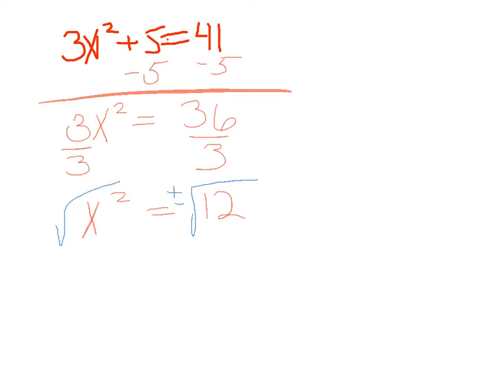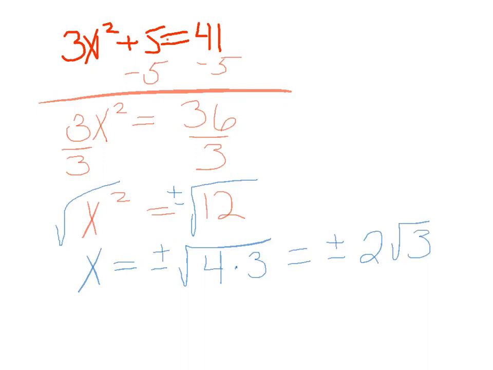And that's to put a plus minus in front of the square root. And you'll see why in a moment. So, what's the square root of x squared? It's just x. Let's go ahead and simplify the square root of 12, say it's 4 times 3, which would be plus or minus 2 times the square root of 3.